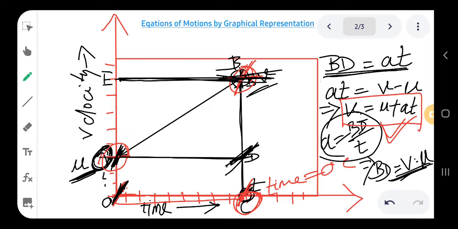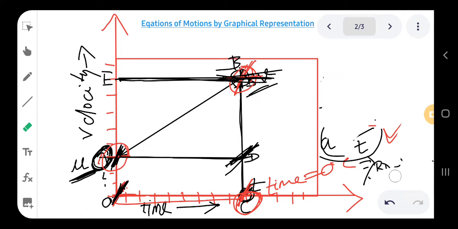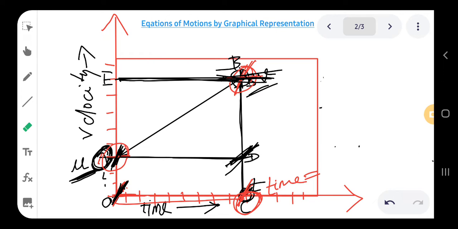Now the second one we will prove. So the first equation we proved, the second one we have to prove. Let us consider that the object has traveled a distance s in time t.